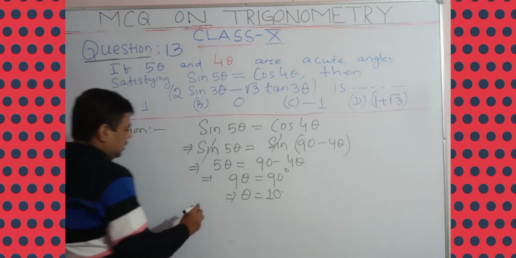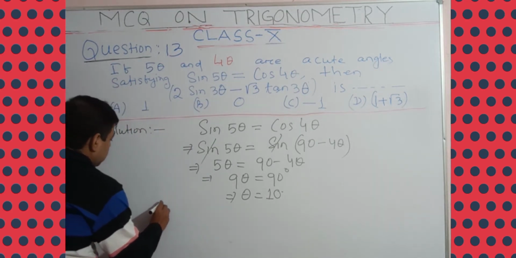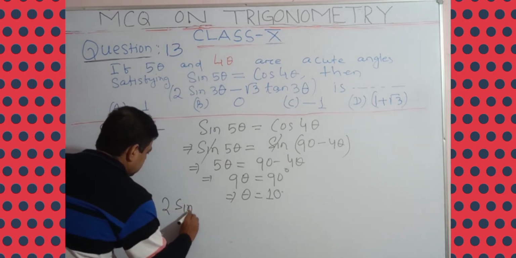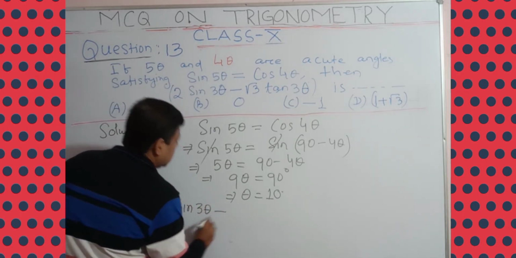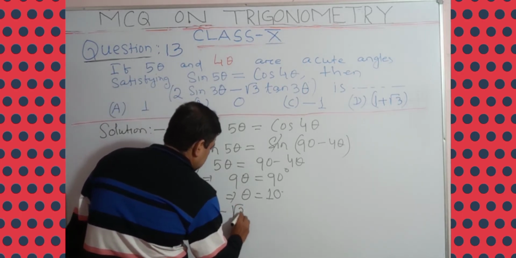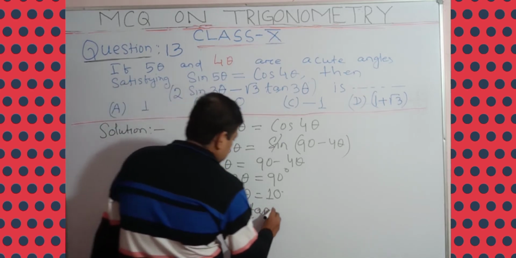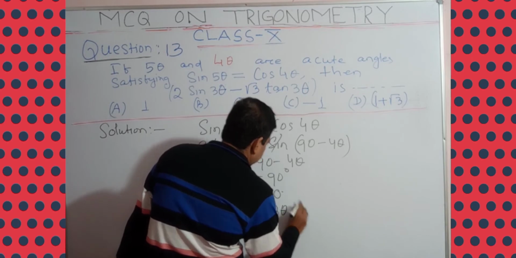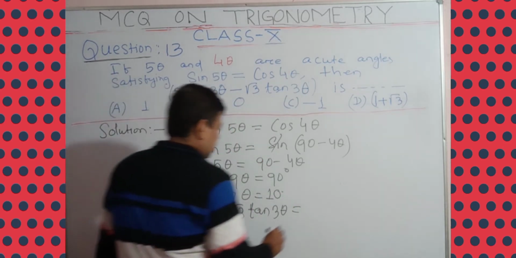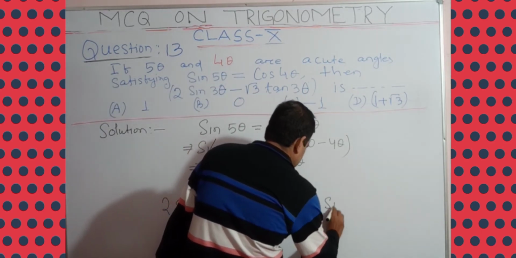Here you have to find the value of 2 sin 3 theta minus root 3 tan 3 theta. So you write 2 sin 3 theta here.